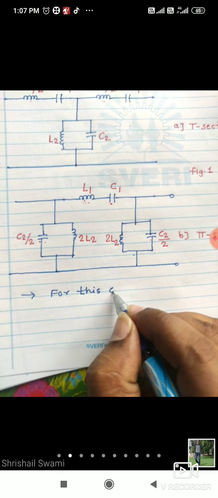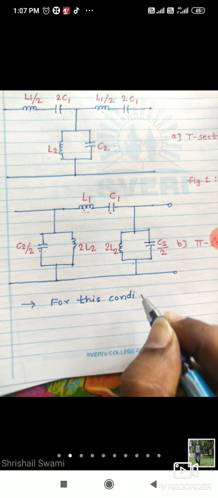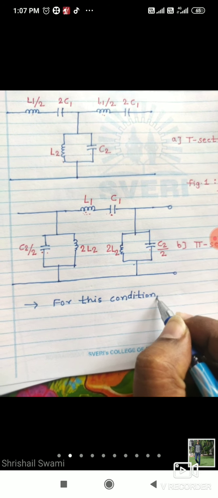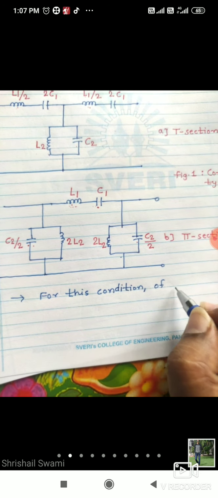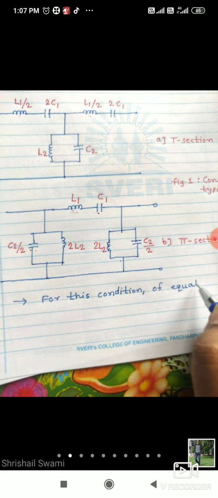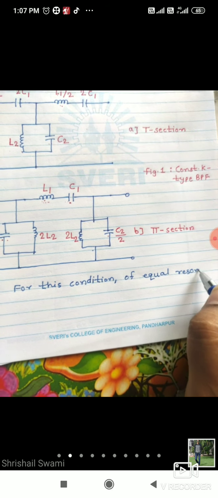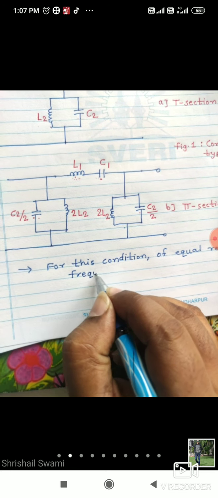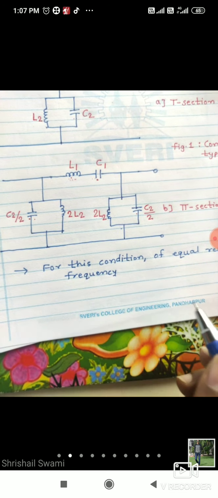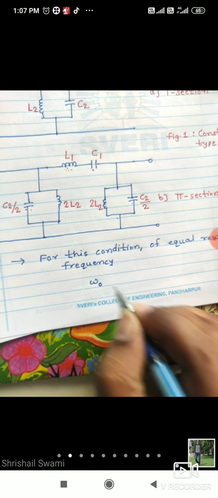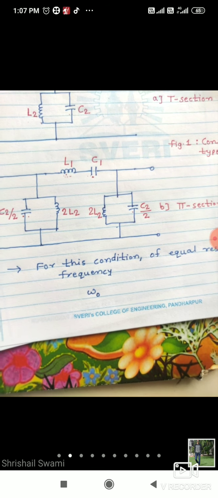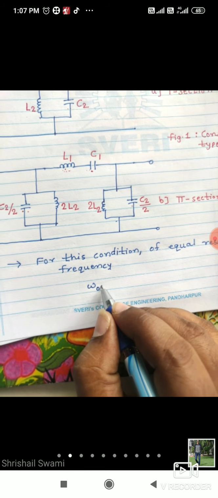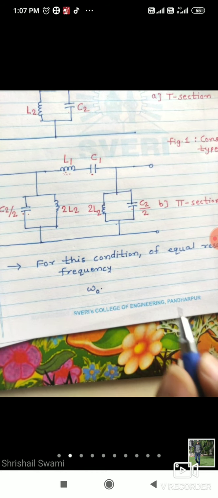So for this condition of equal resonant frequency, we can call W0 the resonant frequency of series as well as parallel. So L1, W0, into L1 by 2 and 2C1.